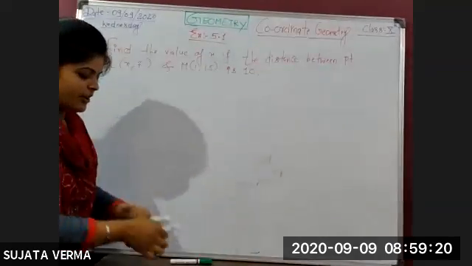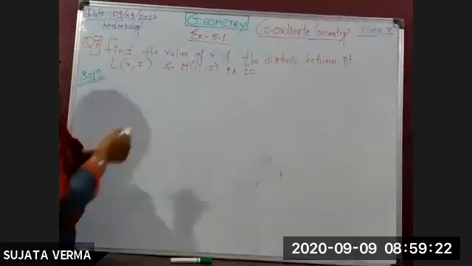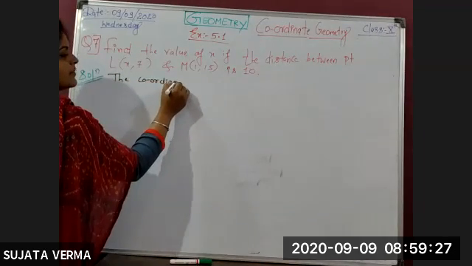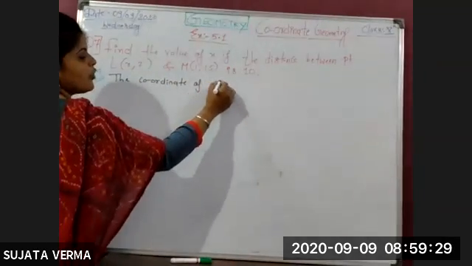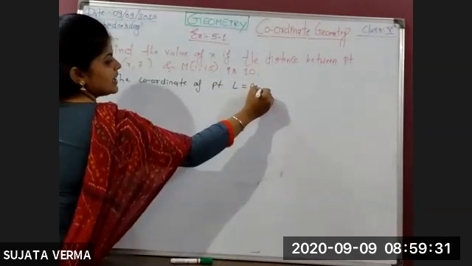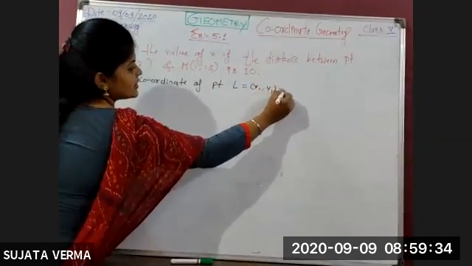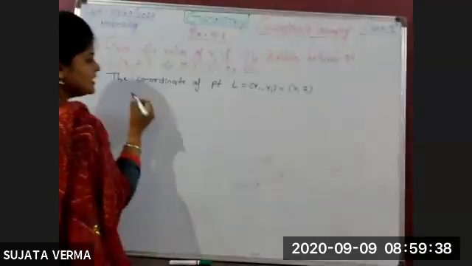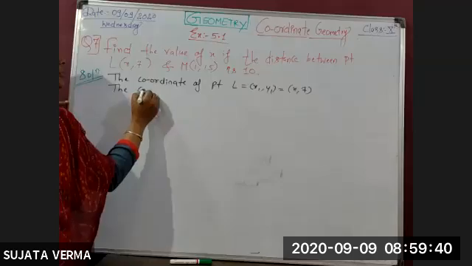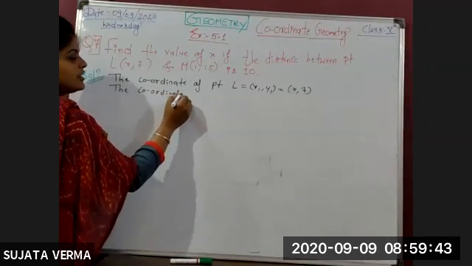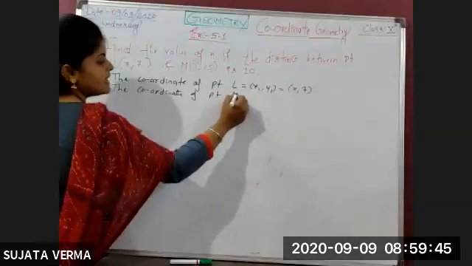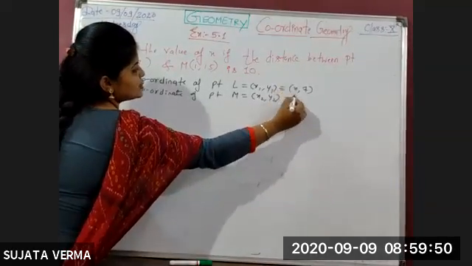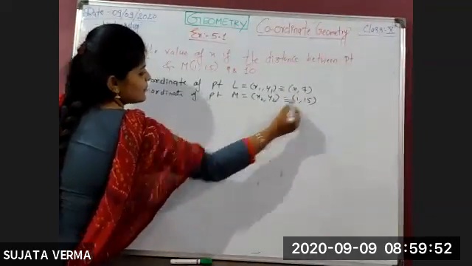So first, we have to write down the coordinates. The coordinates of point L, that is (x1, y1), are (x, 7). And the coordinates of another point M, that is (x2, y2), are (1, 15).